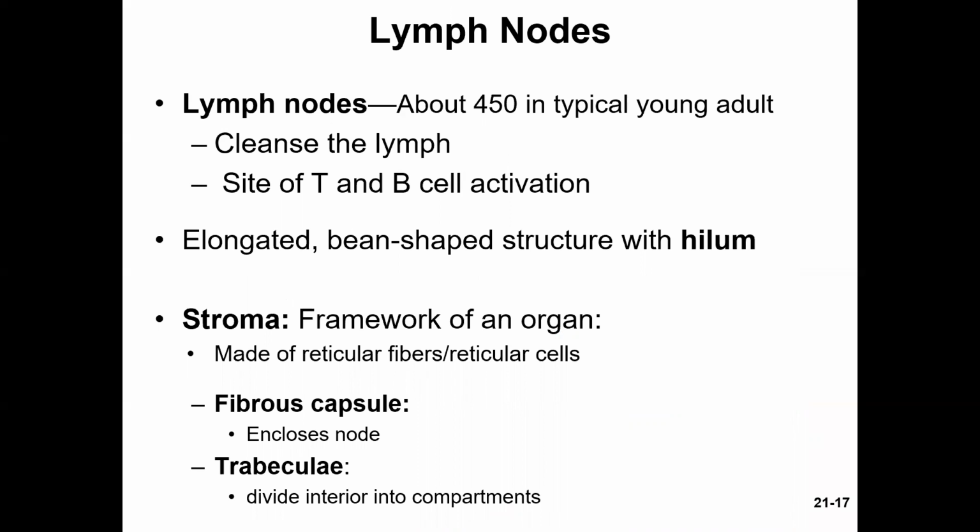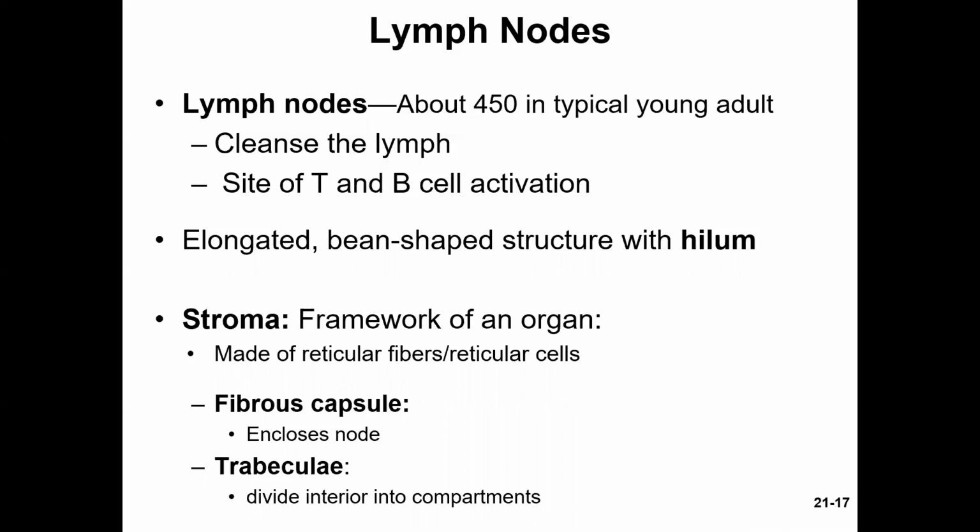So lymph nodes, there are about 450 in a typical young adult. These guys will cleanse your lymph. They are the site of T and B cell activation. They are elongated bean-shaped structures with the hilum. The stroma is the framework of an organ. This is made of reticular fibers and reticular cells.